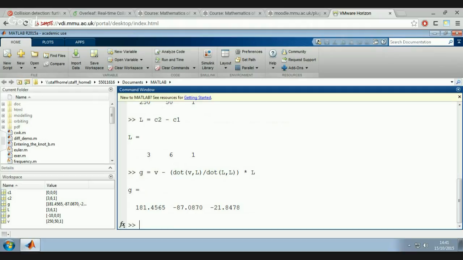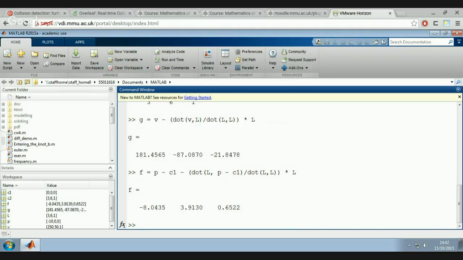So you've got positive, negative, negative. 180, negative 90, negative 20 approximately. F is minus 8, 4, half, approximately.